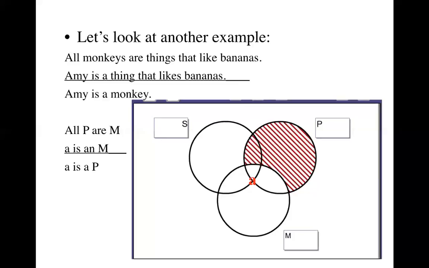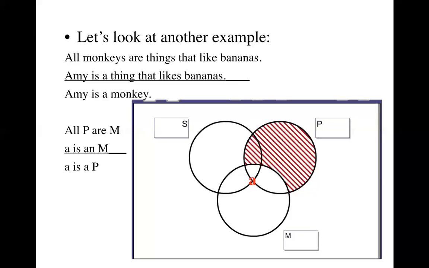If we put it in the intersection of the S and M circles, in the part outside of the P circle, that would say that A is an M, and it's an S, and it's not a P. And we don't know that. All we know is that it's an M. And if we put it right in the middle where all three circles overlap, that would say that A is an M, and it's an S, and it's a P.